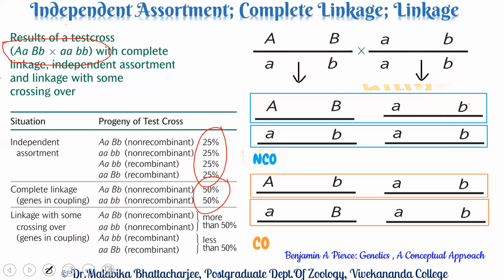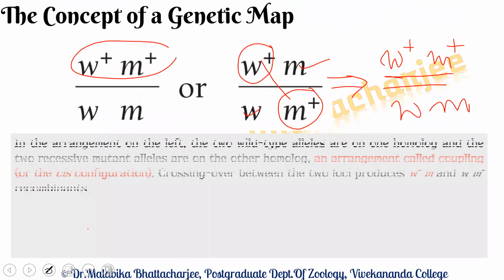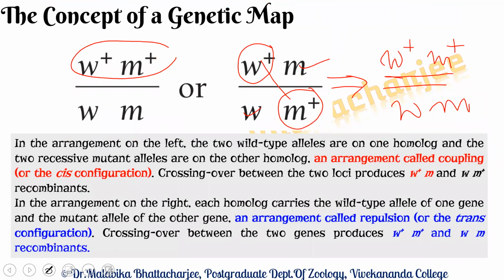As I said, if you remember, the word was written: genes in coupling. Genes in coupling here means that the dominant alleles are on one chromosome. That is why this particular word was written here. So that is one concept that we developed from this particular slide.